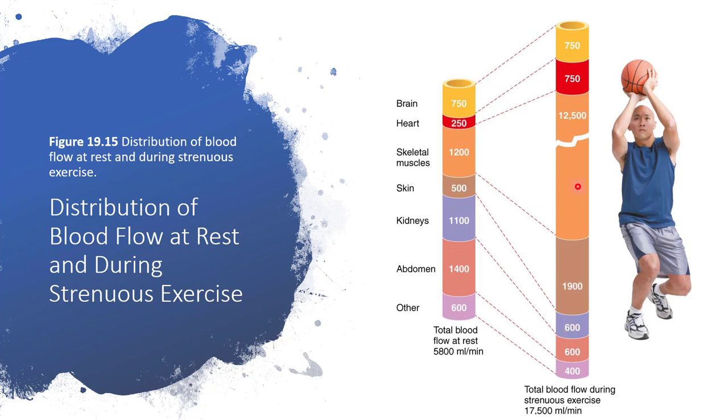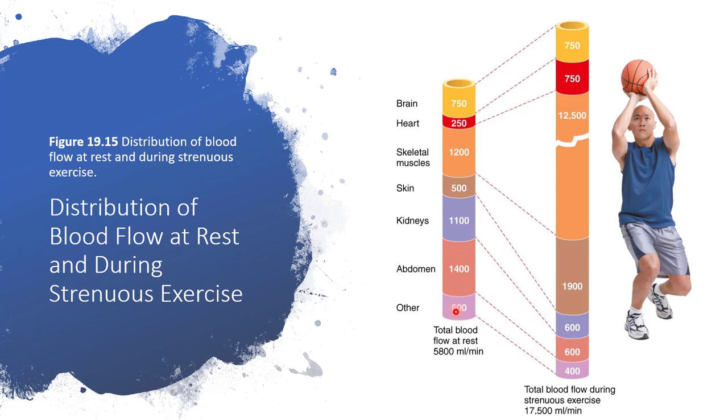All others would either diminish, like for instance, in the abdominal region, you have 1,400 at rest, but now it is only 600 during strenuous exercise. The kidneys will have more at rest, and during strenuous exercise, it is diminished.